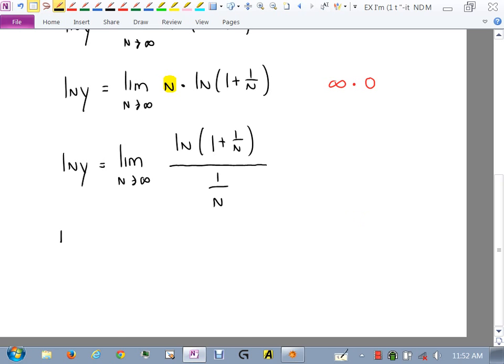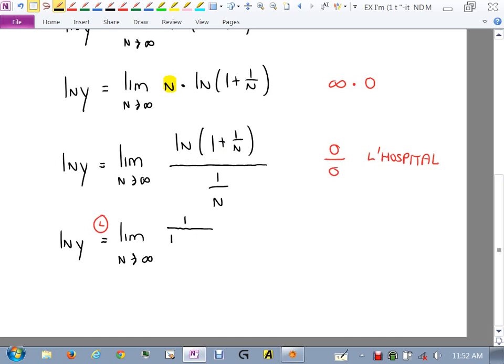So the natural log of y, oh, I should write over here. This is now 0 over 0. So L'Hopital. So here we go. Natural log y equals, by L'Hopital's rule, I'm going to take a derivative of top and bottom. What is the derivative of natural log of anything? 1 over that.